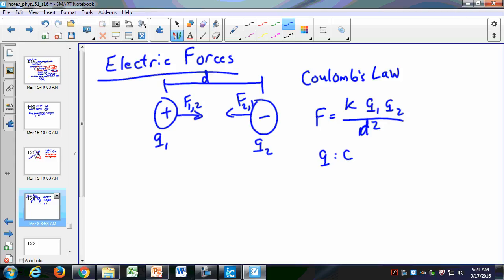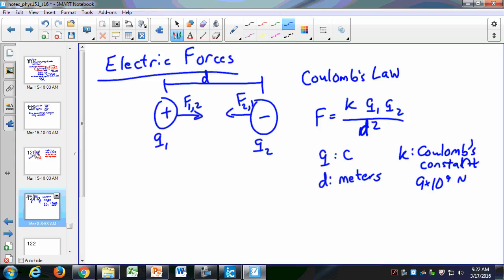D is the distance, in meters. And K is Coulomb's constant. You don't need to know what it is, and you won't have to do a calculation with it, but in case you ever see it, it's 9 times 10 to the 9th, in newton meter squared per coulomb squared.